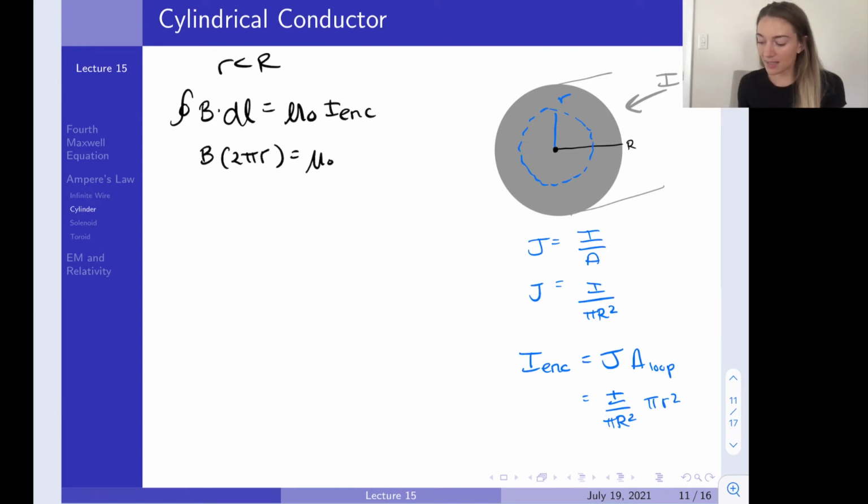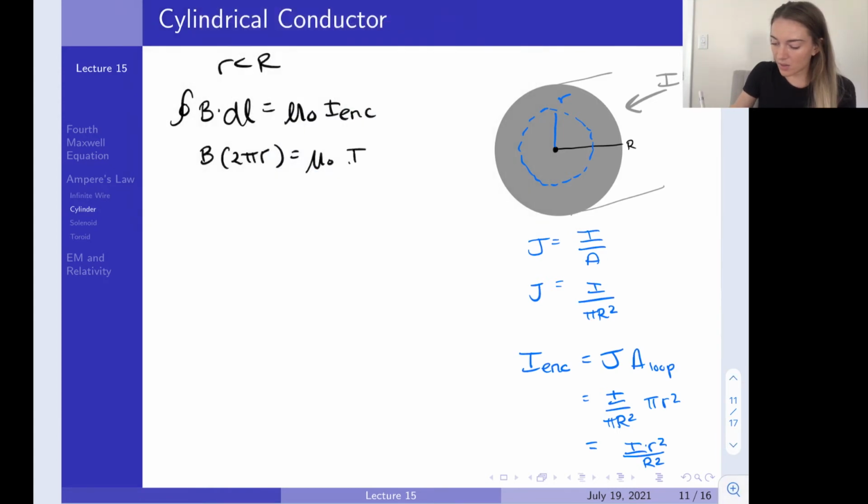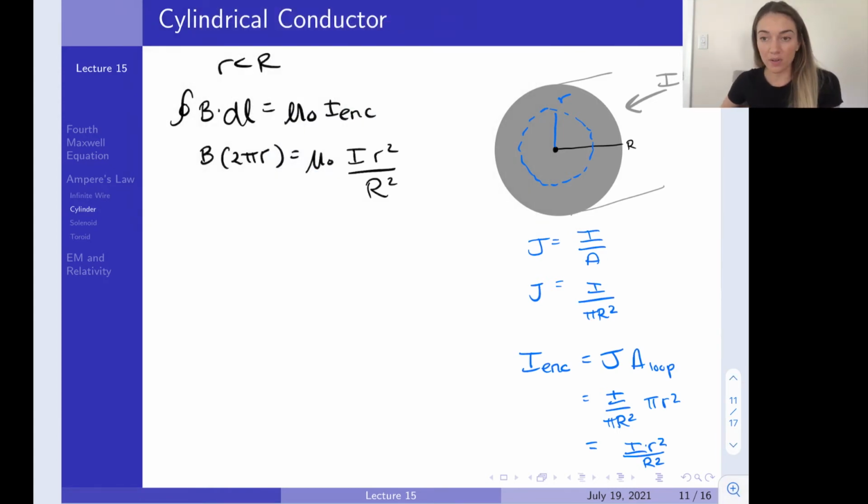This is the current density, so it has a capital R on the bottom because it's the total radius. Whereas this area has the lowercase r because that's just the area enclosed by my Amperian loop. I can see that my pi's cancel and I'm left with I r squared over capital R squared. So I'm going to plug that in right here. So I have I little r squared over capital R squared.